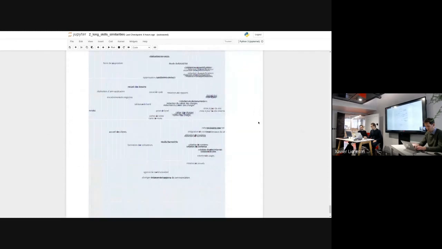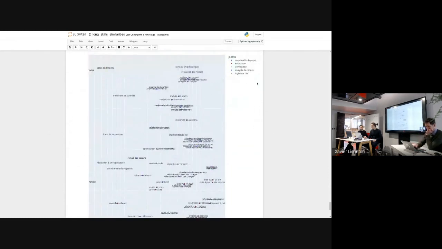The last visualization we have is where we plot each of the 5 job titles in a different color, and then look at what skills come up. Taking again rédaction de spécification as an example, you see that all jobs do that, unfortunately.